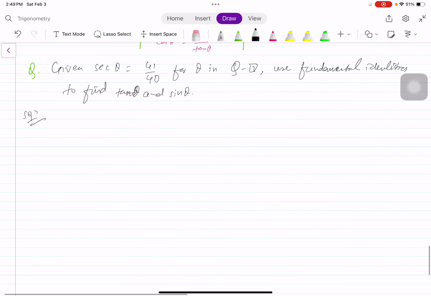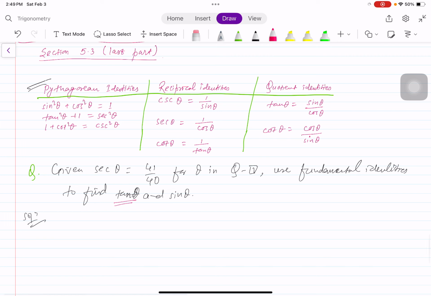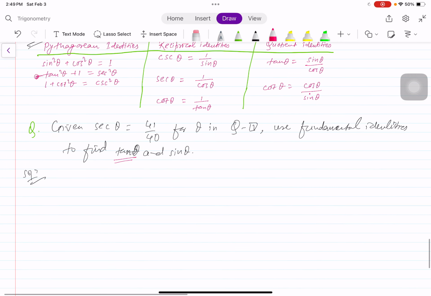Since secant is given, and the thing we have to find here is tangent theta, the relation between secant and tangent comes from this relation over here. This is useful. So I will copy and paste that relation over here, and we'll try to find tangent from here.